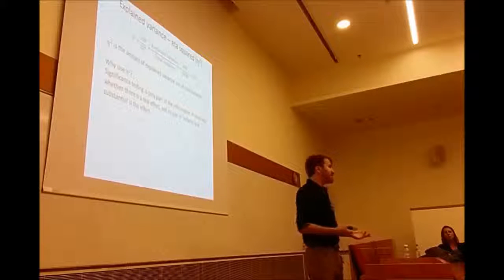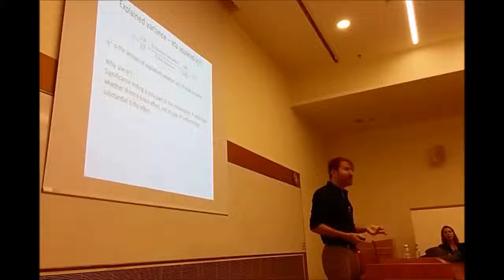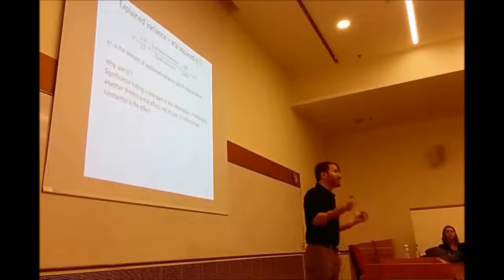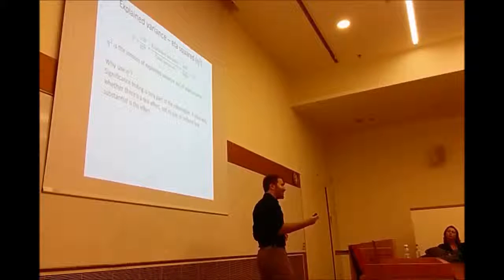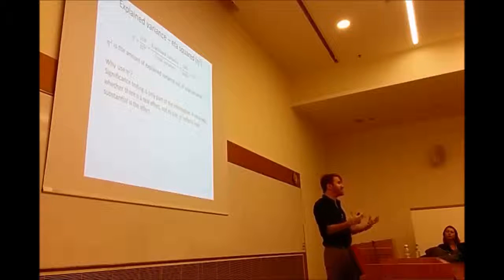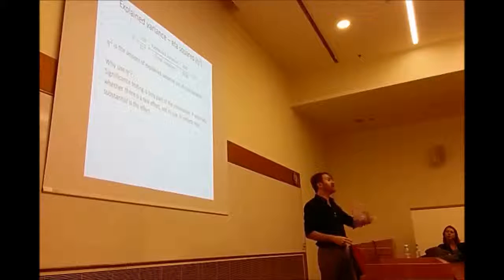Now, 10% is considered a small effect, but think about it. If you manage to explain 10% of happiness, and you find 9 more effects like this, you've explained happiness. So 10% doesn't seem like a lot, but it can be substantial when we're talking about really large social phenomena.